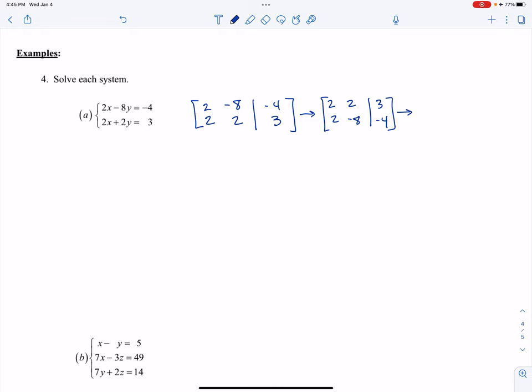So let's multiply the top by a negative and add it to the second. So we have 2, 2, 3. And then if we multiply it by -1 and add it to the second row, we'll eliminate that 2. We'll have -10 and -7.